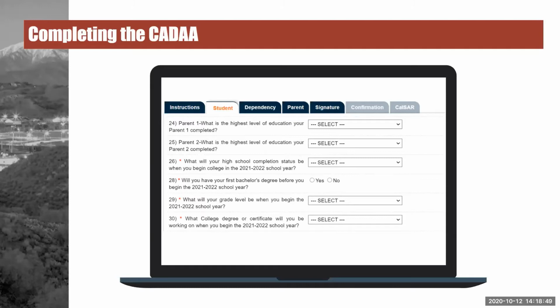Next, you are asked whether you will have earned a bachelor's degree by the start of the 2021-2022 school year. Answer yes or no, and then proceed to the next questions, which ask about your college grade level and the types of degree or certificate programs you are pursuing during the 2021-2022 school year.